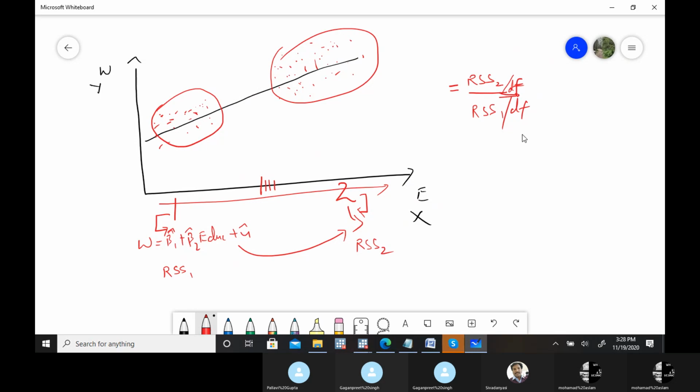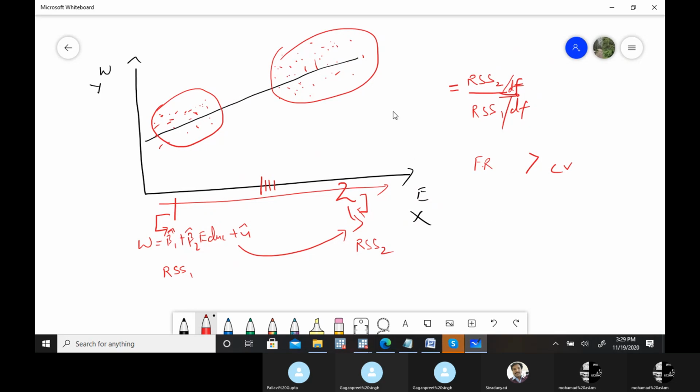And if this F ratio is greater than the critical value of this F table at these certain degrees of freedom at a particular level of significance, in that case it means that the gap between these residual sums of square is statistically significant.